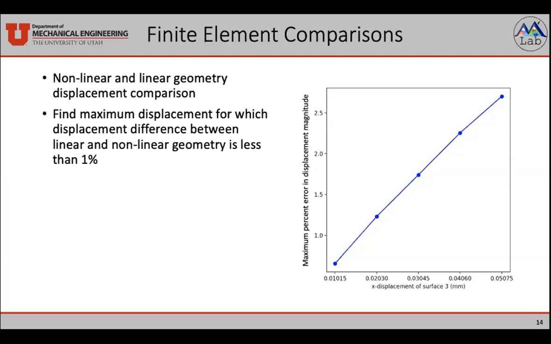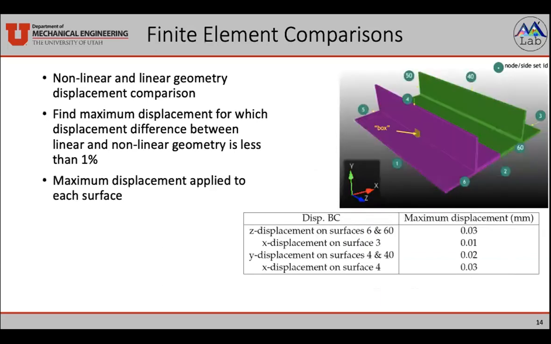And the displacement of the surfaces was lowered until the percent difference of those displacements was below 1%. So here on this X displacement of surface 3, we applied a displacement of 0.01 millimeters because that was below that 1% threshold.